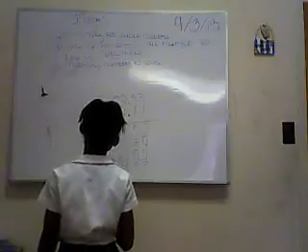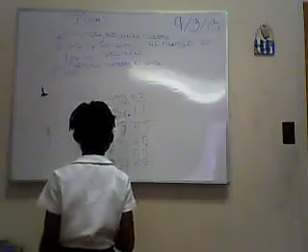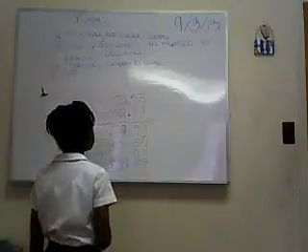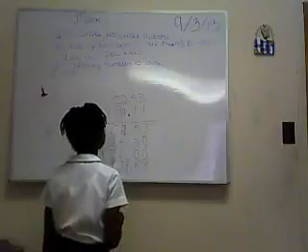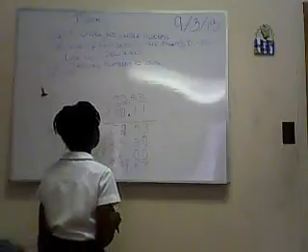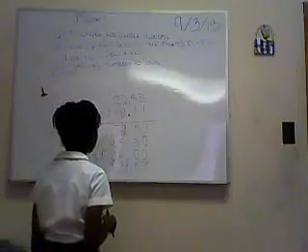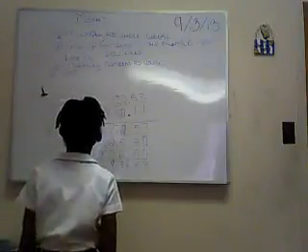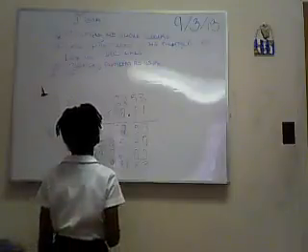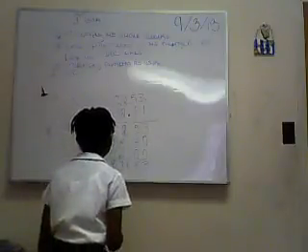Good. 6 times 1 is 6. Very good. And 3 times 2 is 6. Mm-hmm. 5 times 2 is 10. Mm-hmm. 2 times 2 is 4. And 6 times 2 is 12. Okay.